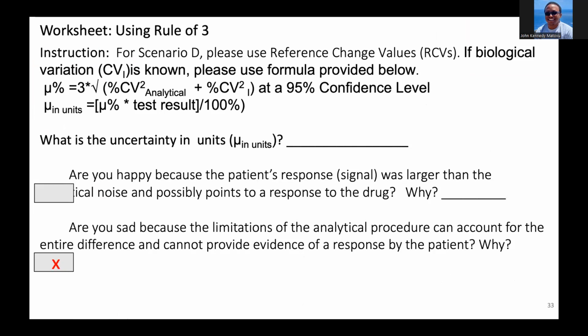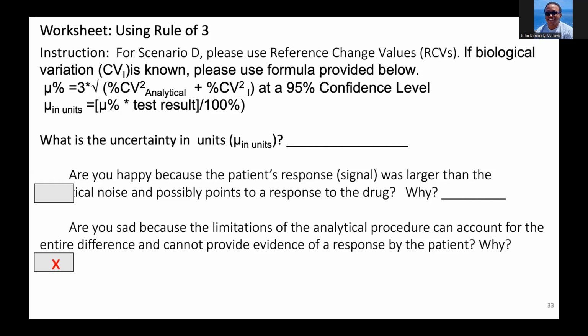So variation that happens biologically within a group or a population, right? And so you were given a formula to use for this, where for percentage measurement uncertainty we were asked to use 3 times.